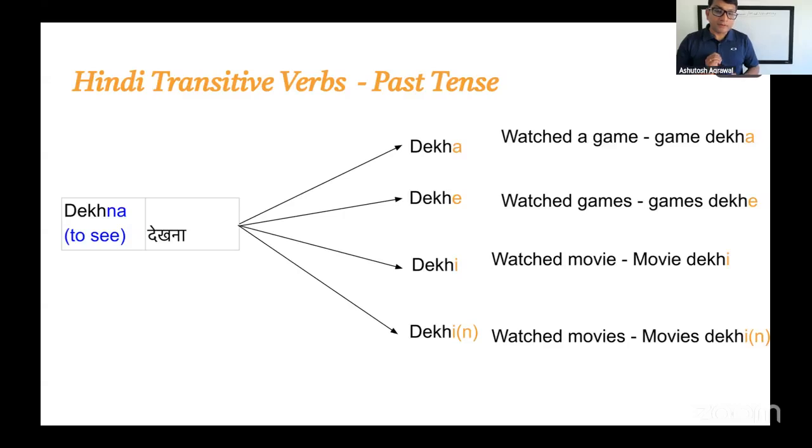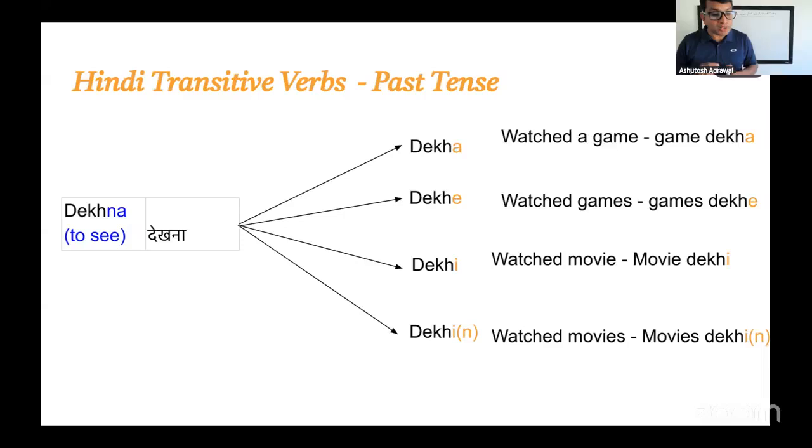Unlike in the intransitive verb, if she will say main hasi, I will say main hasa. It was different because both of us are different, but the verb is getting conjugated for the intransitive verb based on who is saying it. Versus here, both of us are saying the same thing. It's like what is being acted upon. She can say, I watched a game, maine game dekha. And if I'm saying maine, actress or celebrity, a female dekhi, I will say maine celebrity dekhi.